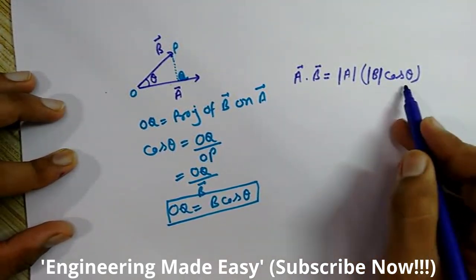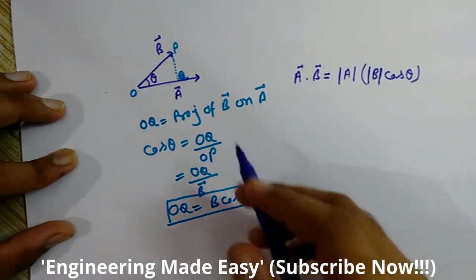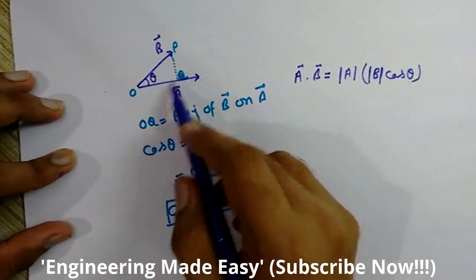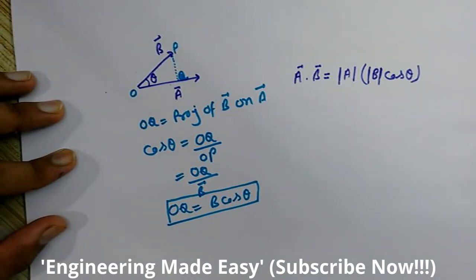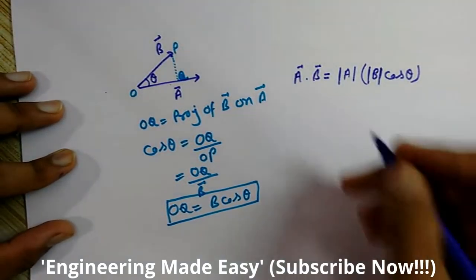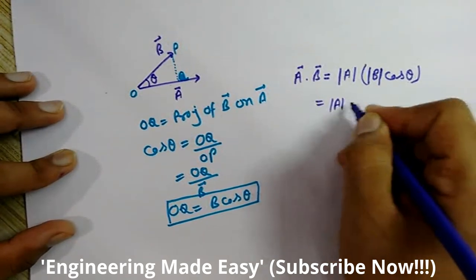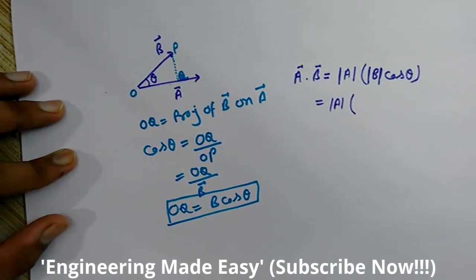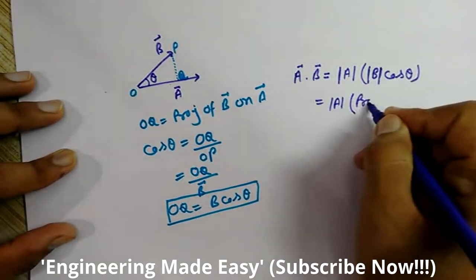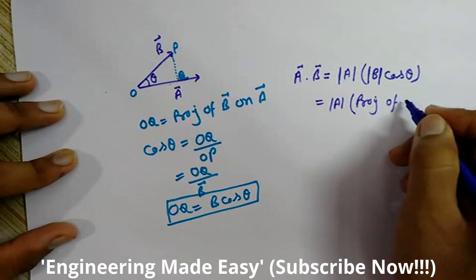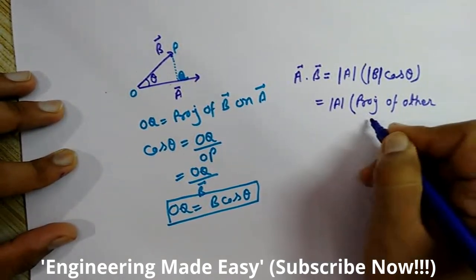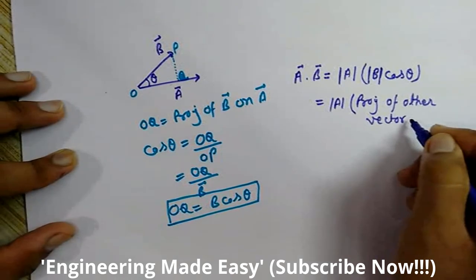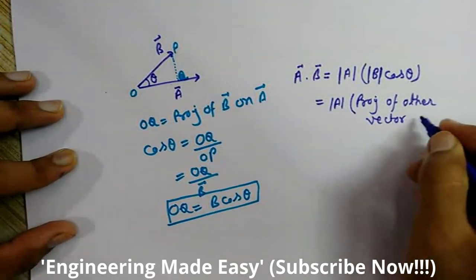This |B| cos theta is nothing but the length of OQ, which is the projection of vector B on vector A. So we can say that this is equal to the magnitude of A multiplied by the projection of vector B on A.